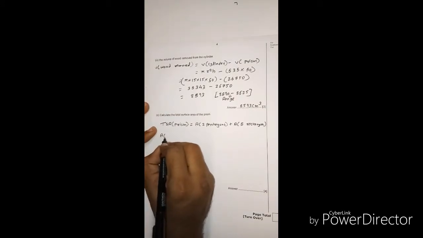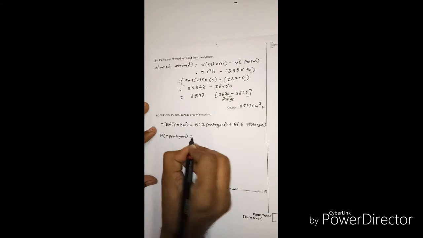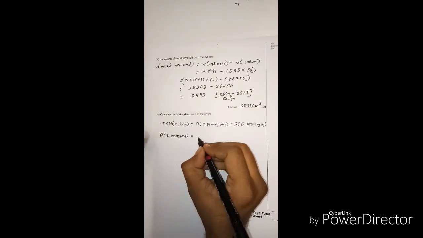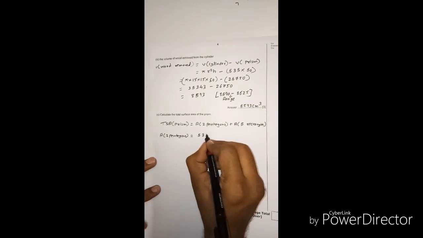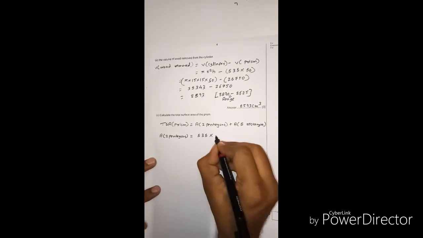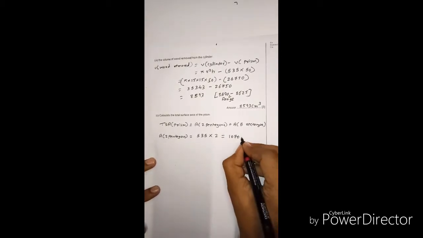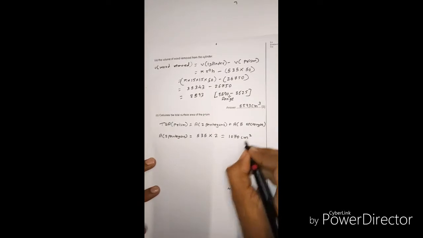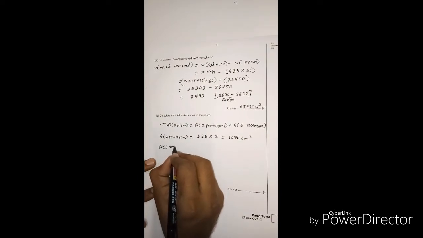The area of the first pentagon was 535. We will multiply this by 2 and we will get the value as 1070, which is the area of two pentagons.